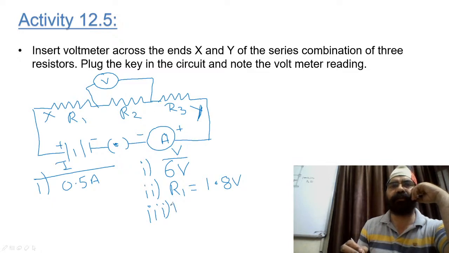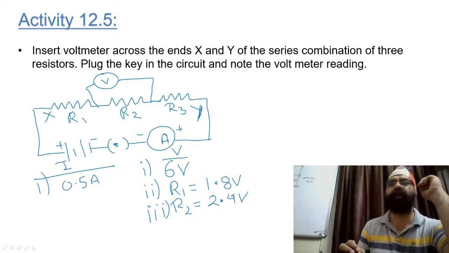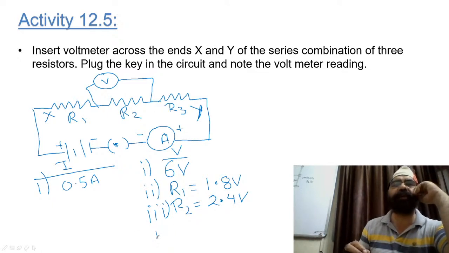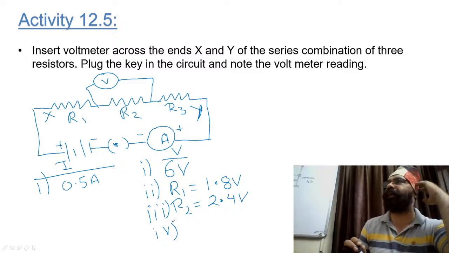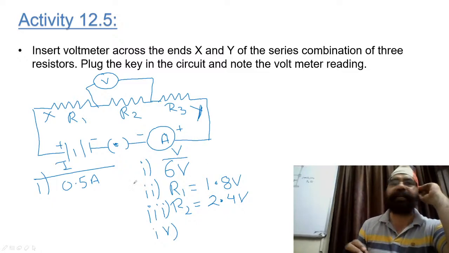So what is the potential difference across resistor 2? I get to see that it is 2.4 volts, suppose. Then for taking my fourth reading, I am seeing that every time I change the position of the voltmeter, the reading is changing.